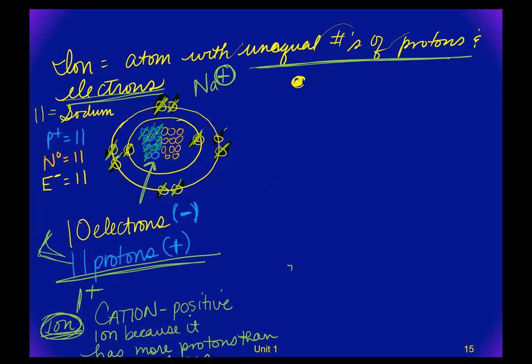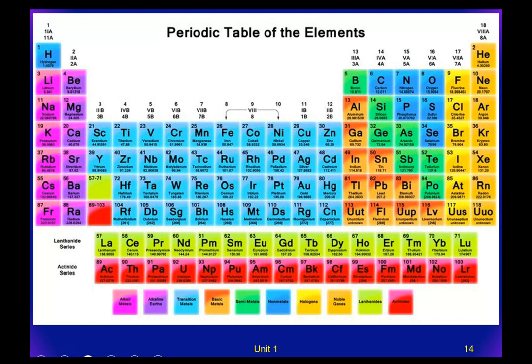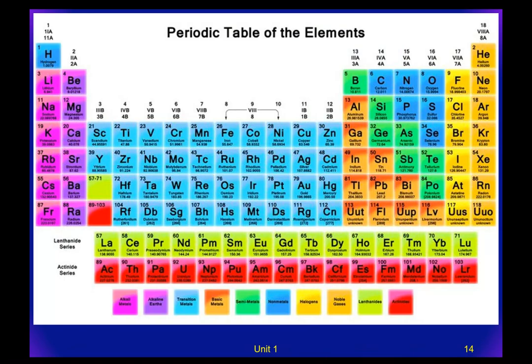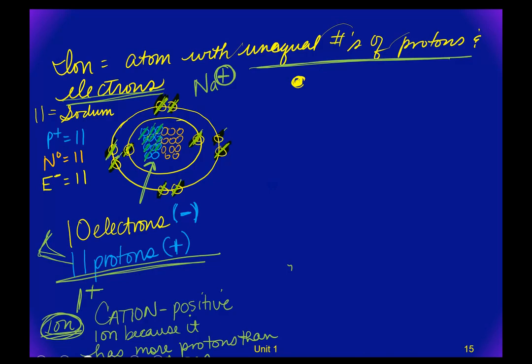So, let's talk about chlorine. Chlorine is up here. What's my atomic number? My atomic number is 17, right? Sodium was at 11.